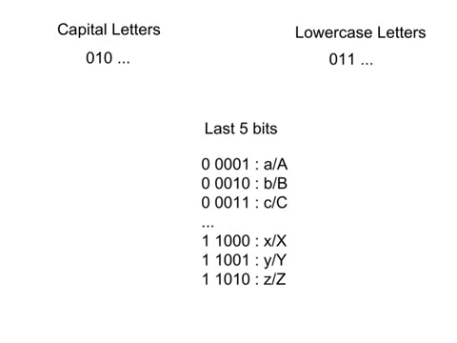For right now, just memorize this. Capital letters begin with 010, lowercase letters begin with 011, and the last 5 bits start at 1 for A, and 2 for B, 3 for C, all the way to 26 for Z. Remember that ASCII is only one way that you can encode text characters.